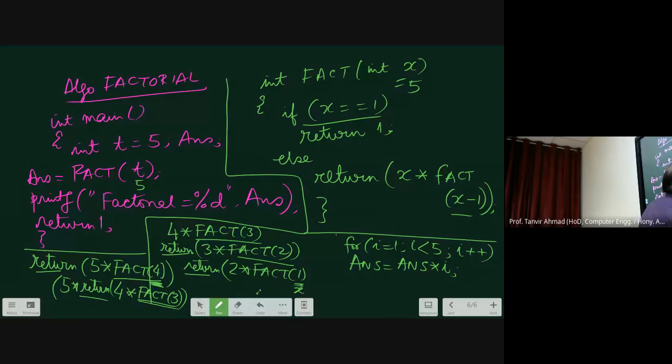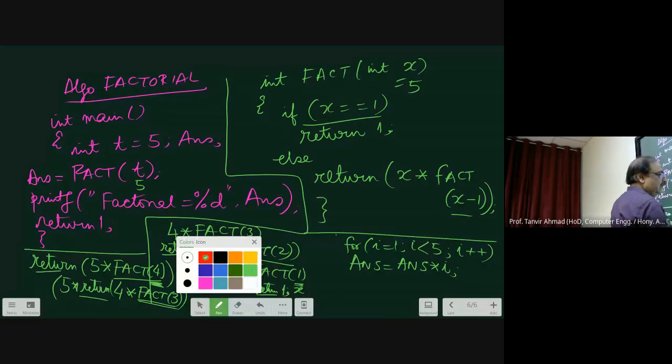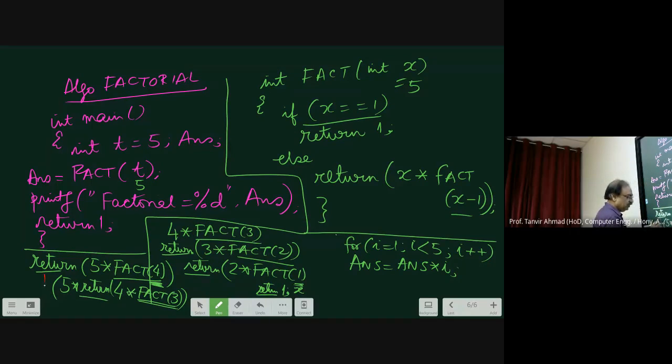That means since the value 1 is there, you will have the first return over here, second return over here, third, fourth, and fifth return over here. Every time it is returning a new value of x, but here it is returning 1, which is nothing but a constant.